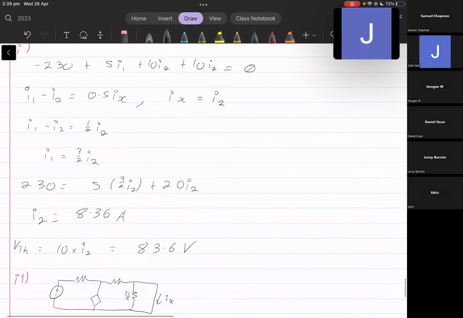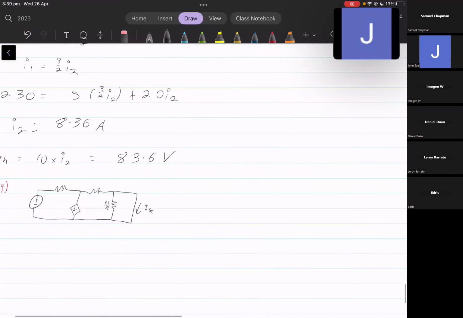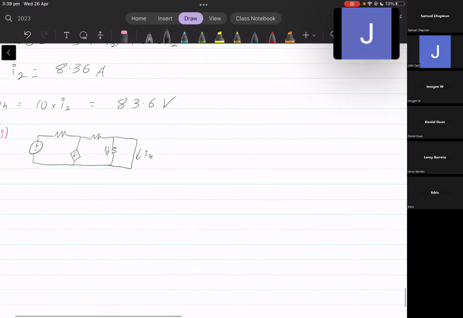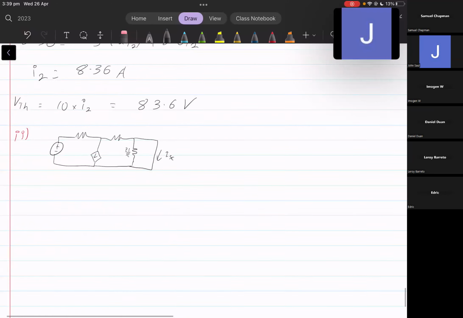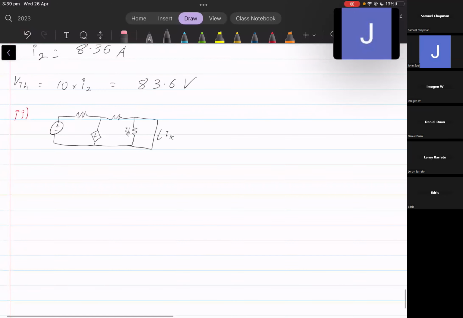But something really nice happens here. Because we've made this a short circuit, the resistor next to it won't have any current flow through it. And then the dependent source, the current that flows through that, is half of the current flowing through that resistor.